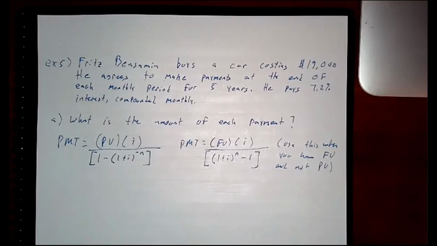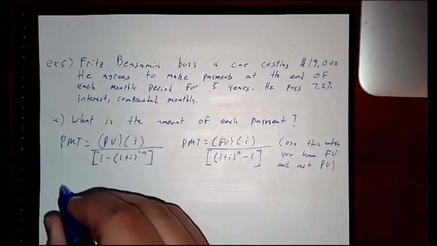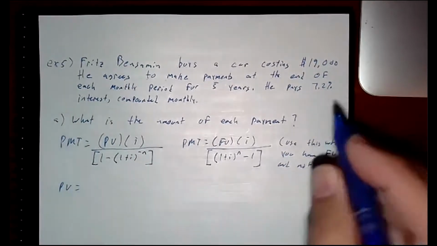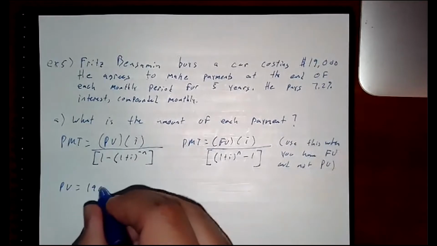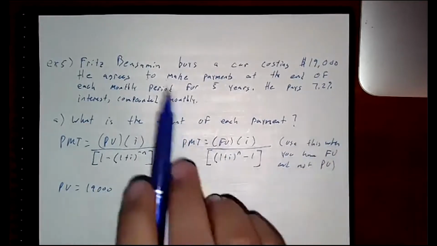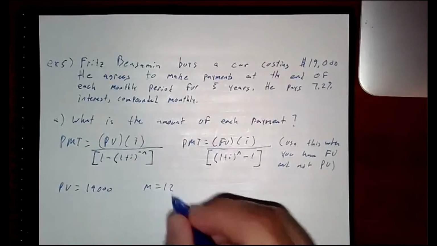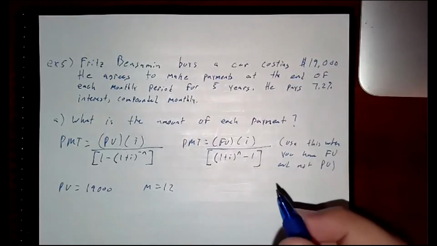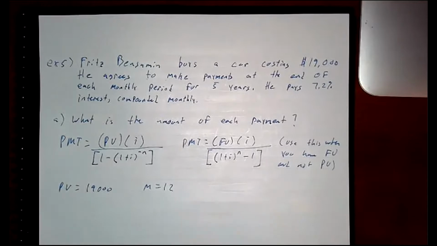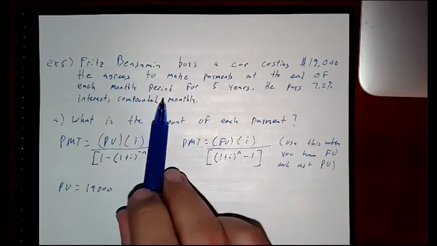Let's get back to that question. So we're going to use this one. We have a present value, our cost, 19,000. We have agreed to make payments at the end of each month, so that means that M will be 12. Pay every month, 12 times a year, it will be compounded.